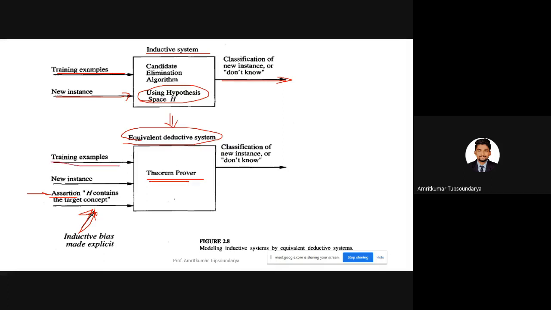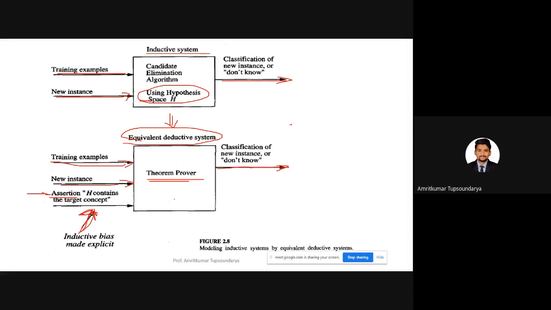Again, it took a set of training examples and a new instance to be classified, but it made use of the inductive bias, or in turn, the inductive inferences by the set of assertions, which again give us the output: a positive classification, a negative classification or a don't know classification.